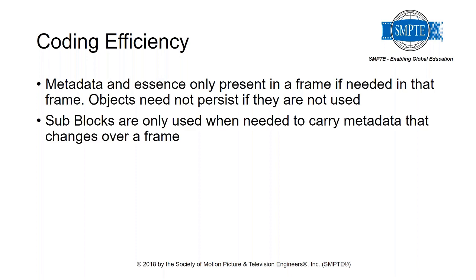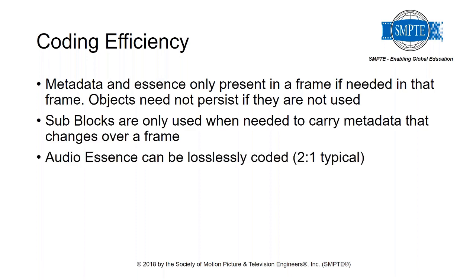As mentioned, subblocks are only used to carry metadata that changes over a frame. So if the metadata doesn't change over a frame, you don't include more than one subblock in that frame, and only objects and remix elements even support subblocks.